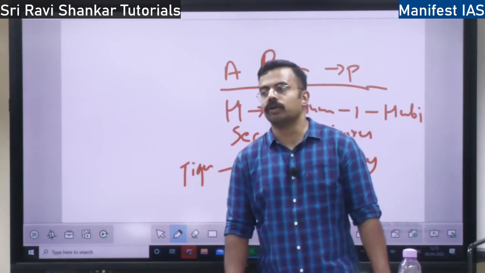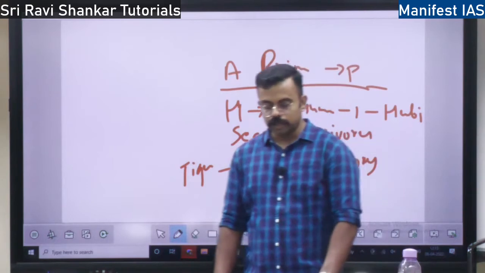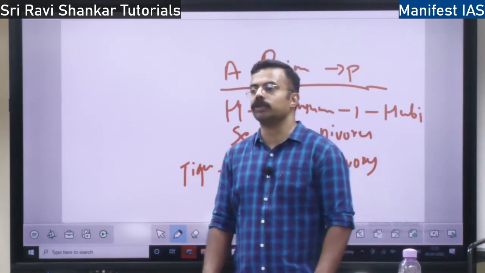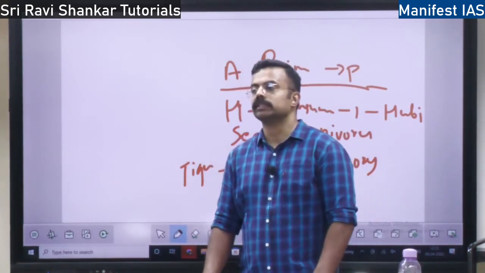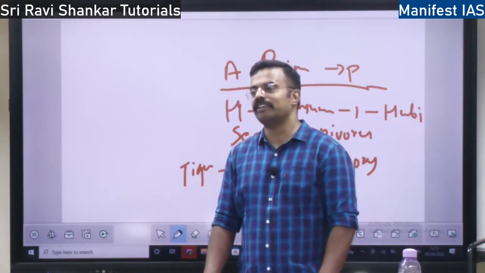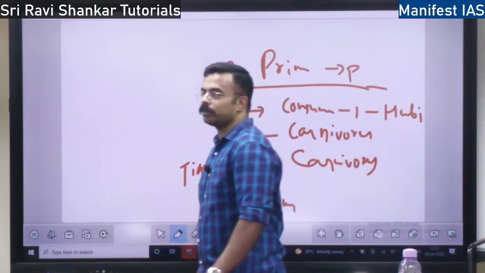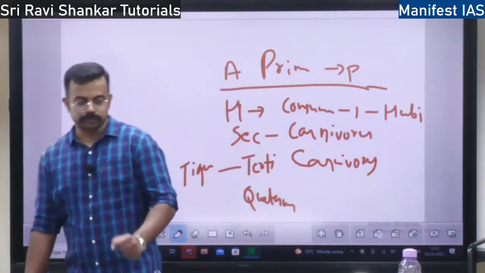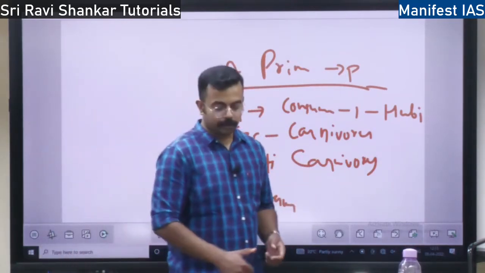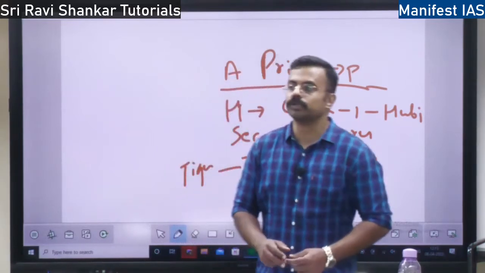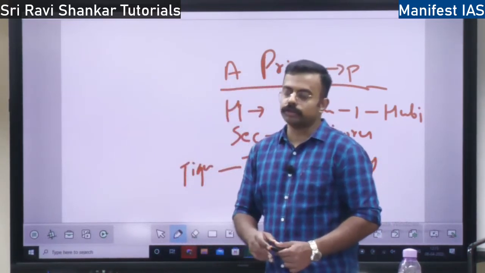Then you have micro consumers. Micro consumers, who are they? Saprotrophs, decomposers, right? So bacteria and fungi, the best example. They decompose. So on what do they decompose?